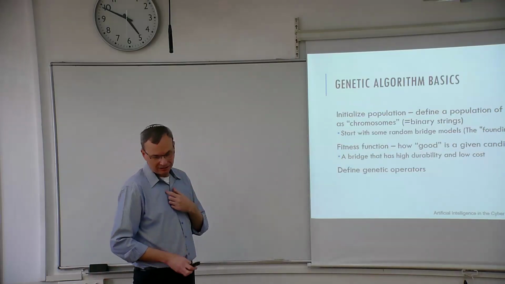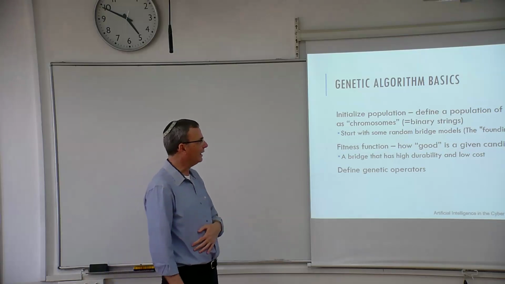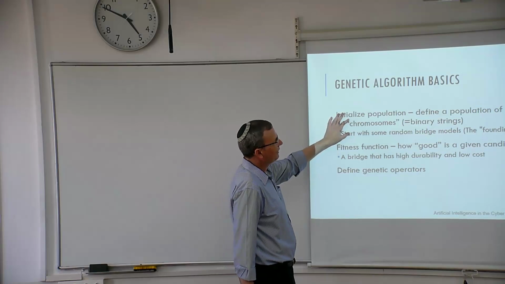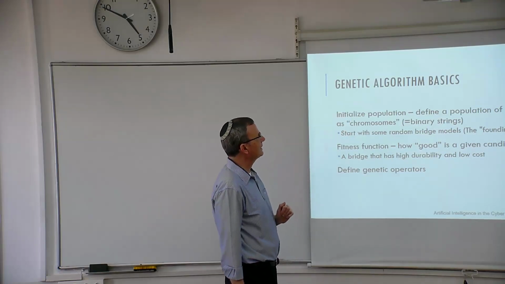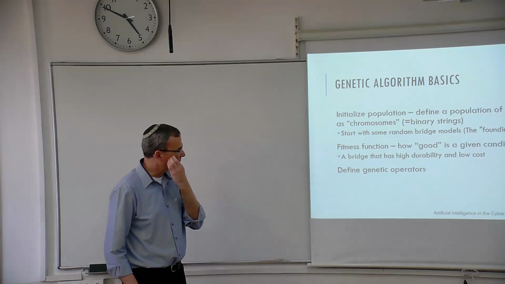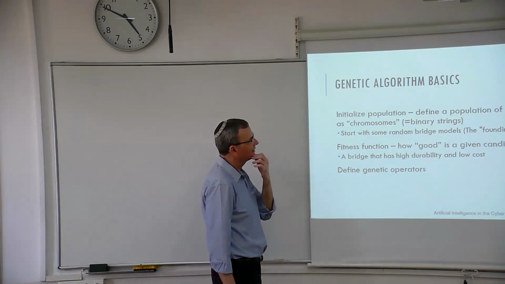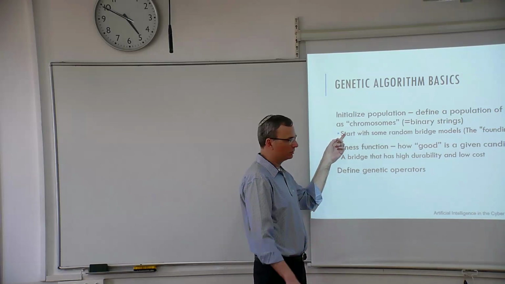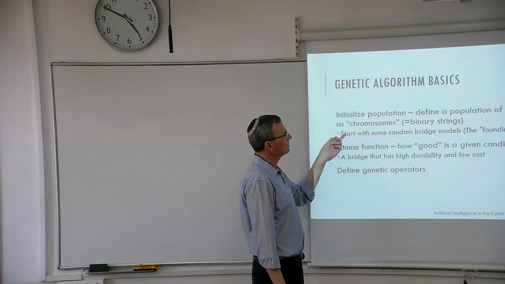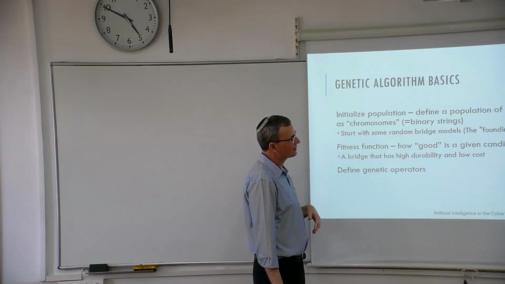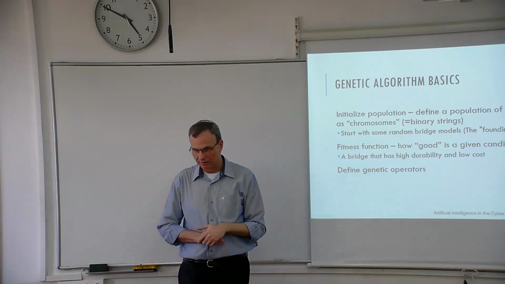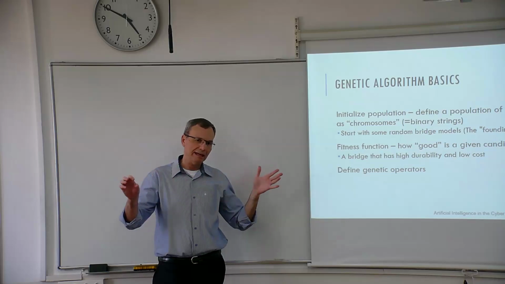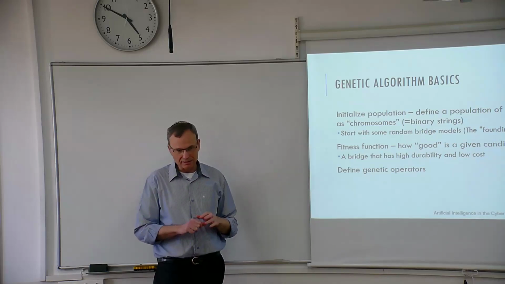So what are genetic algorithms? I have some kind of initialized population. I need to define a population of candidate solutions. And these are called chromosomes or binary strings. In our example, which I'm going to continue with, think about some random bridge models, and these are the founding generation. Let's say I have some way to represent the bridge in binary sequences, 0s and 1s.